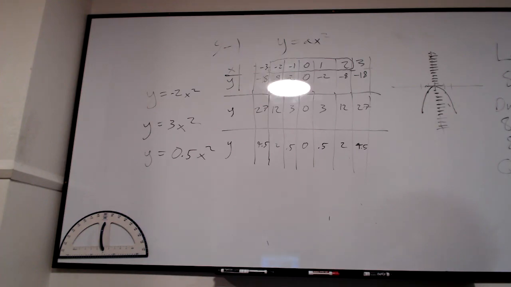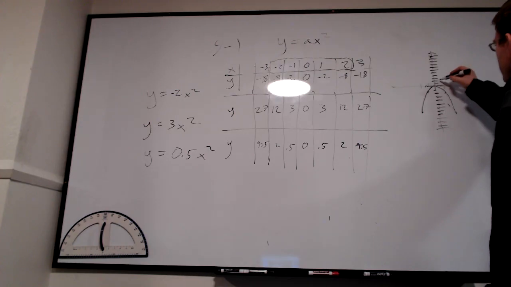Your next point is going to be -1, -2. So that's the x and the y: -1 is x, -2 is y. Go ahead and show the next one.